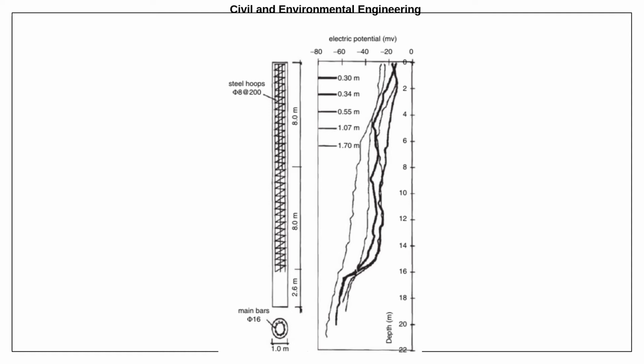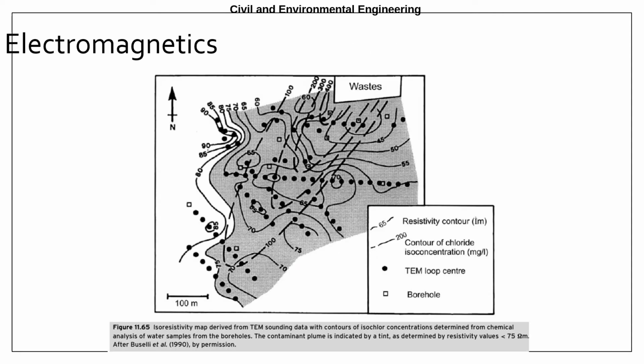In here they're using resistivity to see if there's actually a metal rebar. So you can see here in this example, it's not quite clear. I'll just skip this figure for now.